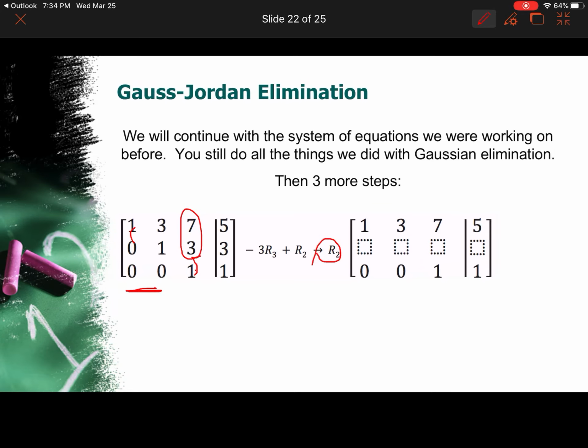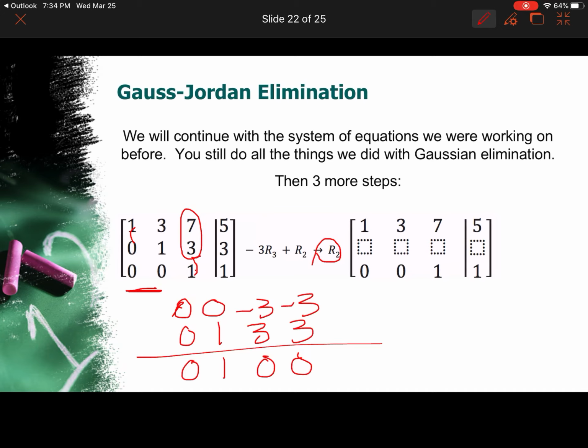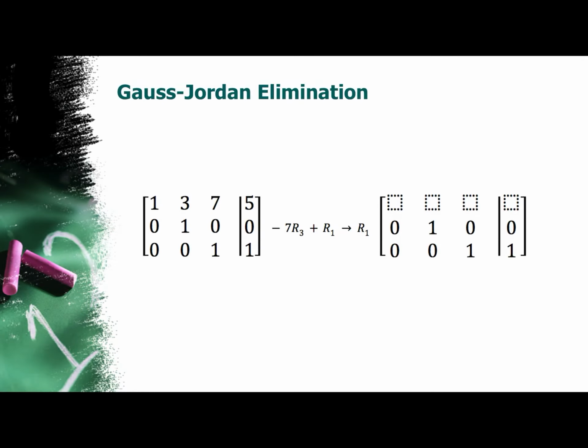And when I do -3 on row 3, I get 0, 0, -3, -3. And row 2 then gives me 0, 1, 0, 0. Okay, so if you notice now, we have all the zeros in the bottom 2 rows.